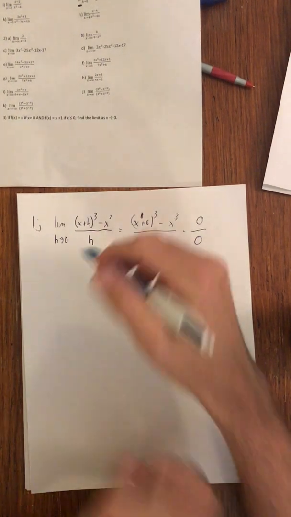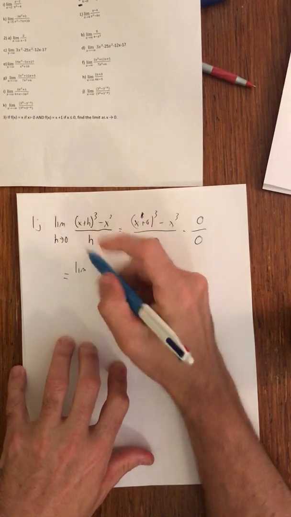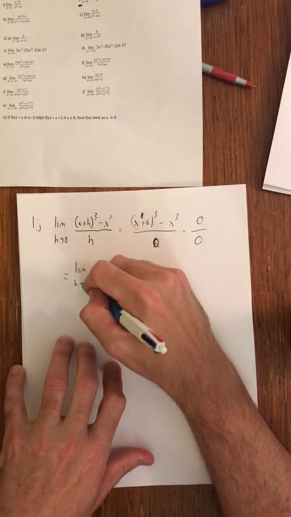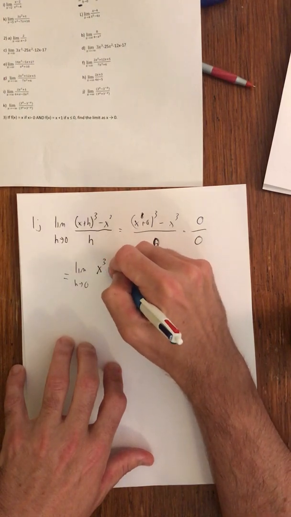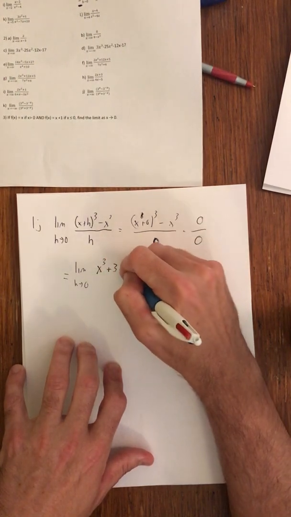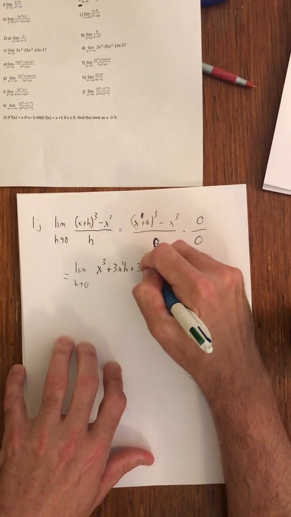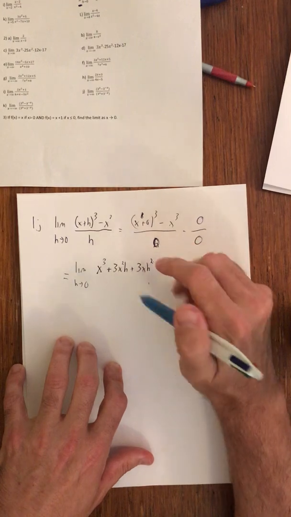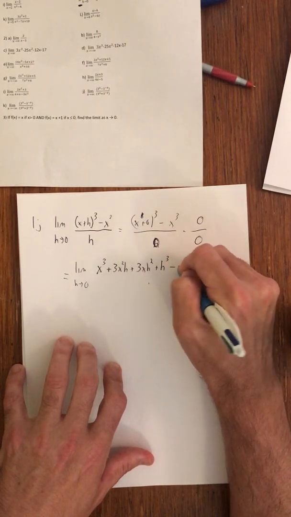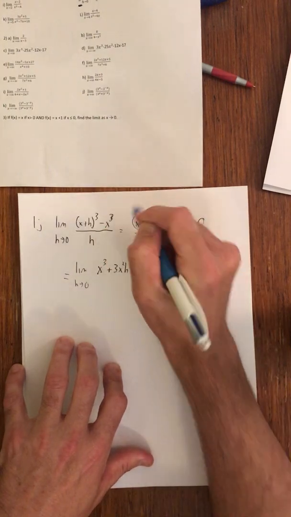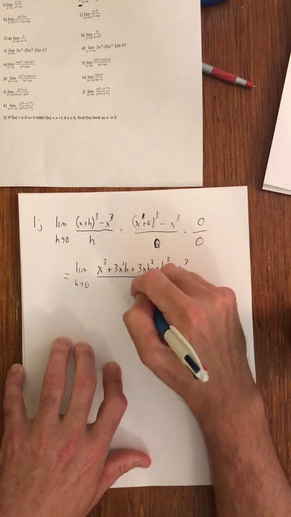I can transform this by expanding the top. So let's expand the top. The limit as h approaches 0, and I've got a cubic, so here's the expansion of that: x cubed plus 3x squared h plus 3xh squared plus h cubed minus x cubed, all over h.